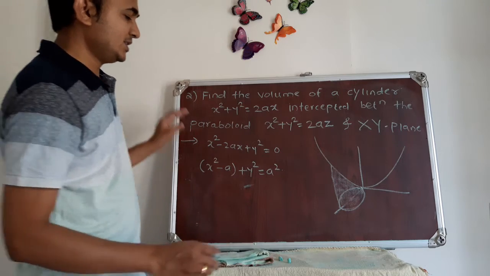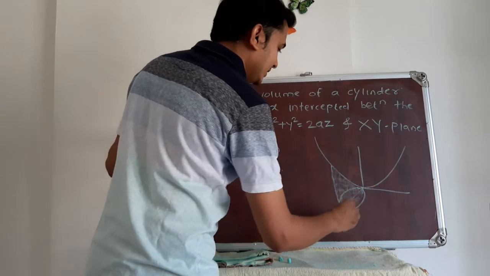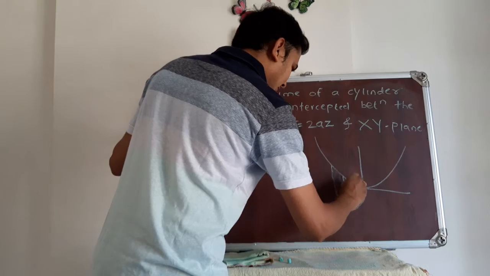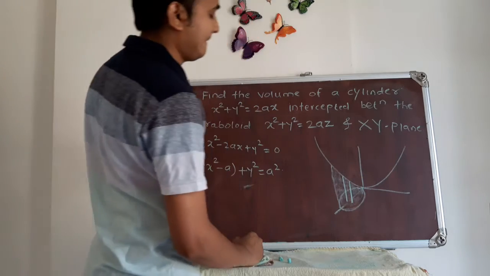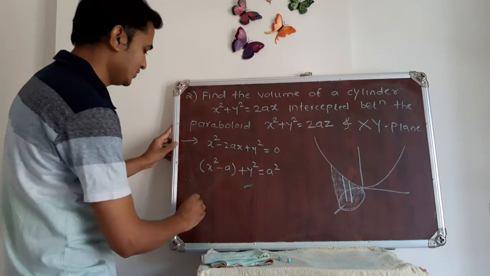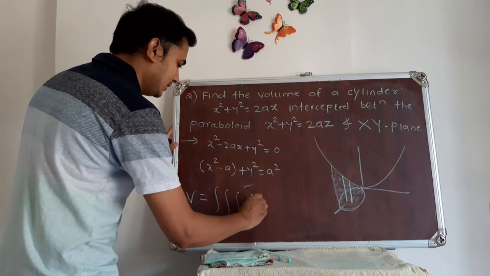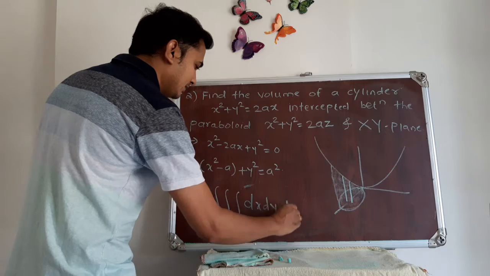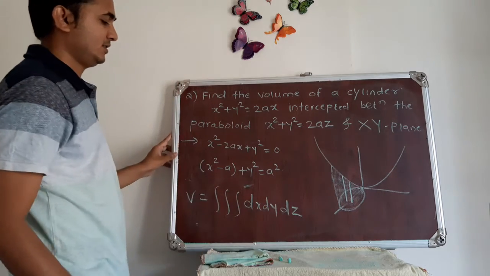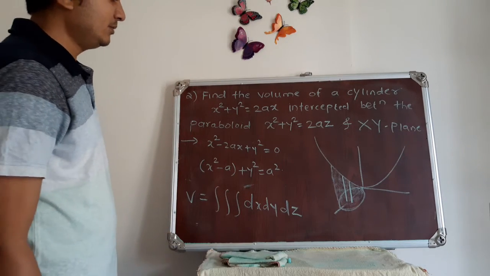Alright, so as I said, you will have to vary z over this region. So V is equal to the triple integral dx dy dz. What are the limits of z?